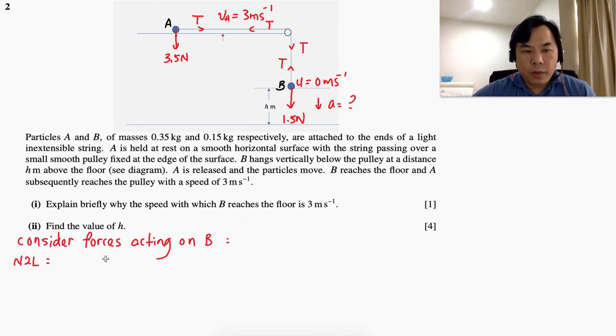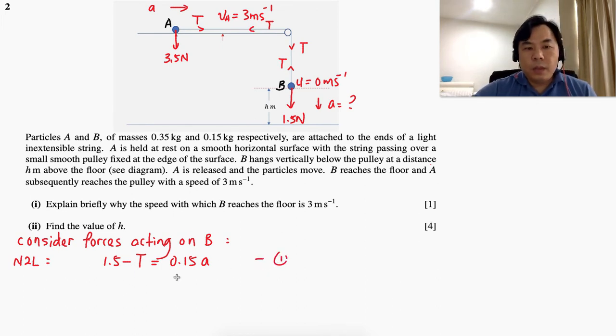Therefore, we have 1.5 subtract the tension, which will produce an acceleration downward. So that equals 0.15 kg times the acceleration. Bear in mind, since the string is still taut, the acceleration experienced by B must be the same as the acceleration experienced by A. That will be our first equation.